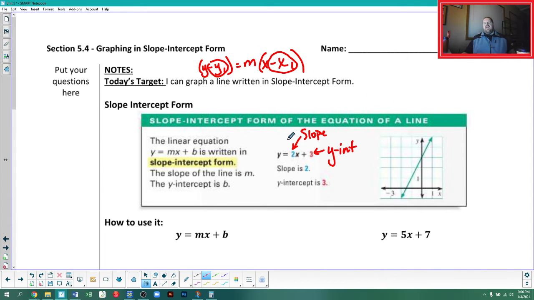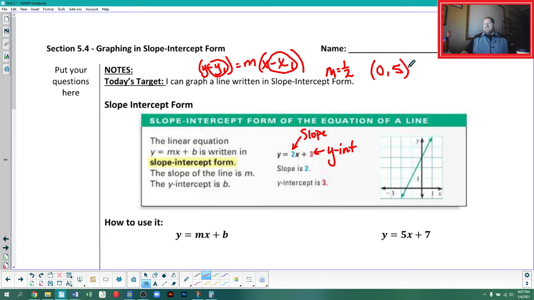Interestingly enough, if we had an equation in point slope form that gave us the point, let's use an actual example here. Let's say that the slope is 1/2 and it goes through the point (0, 5).